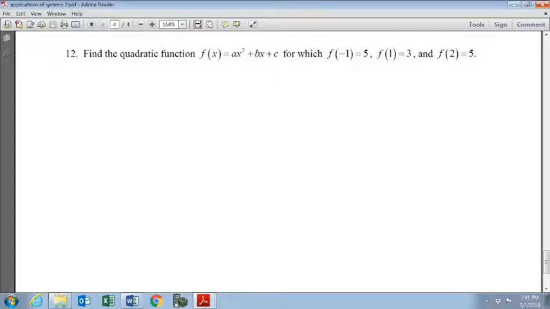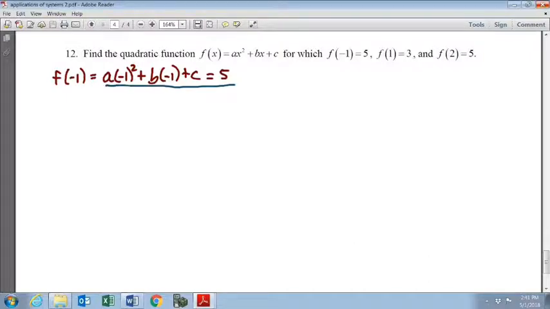Well, it says f of negative 1 is 5, so if I plug in negative 1 as my input, or x value, I get 5. So let's do that. We get f of negative 1 equals a times negative 1 squared plus b times negative 1 plus c, and that's equal to 5, because we were told it was equal to 5.